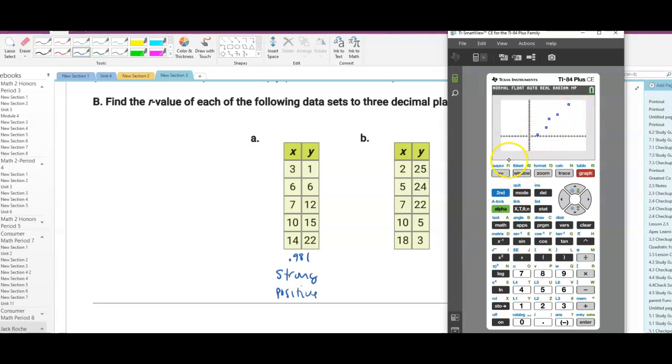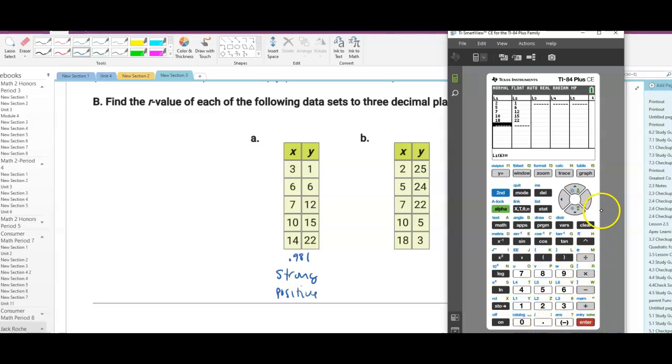Okay, now let's go and do the next one. I'm going to go stat, edit. I'm going to go 2, enter, 5, enter, 7, enter, 10, enter, 18, enter.